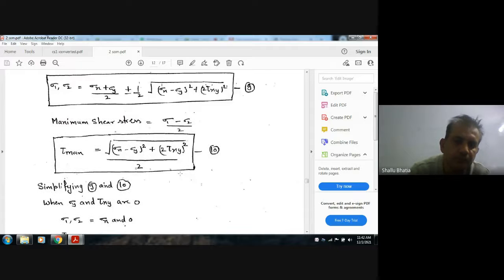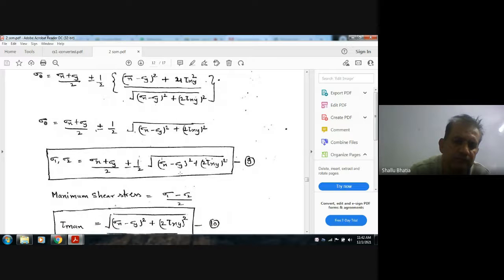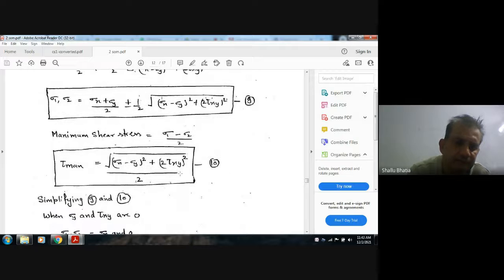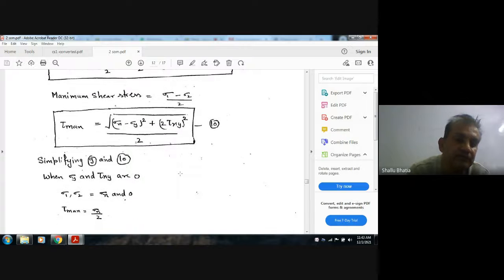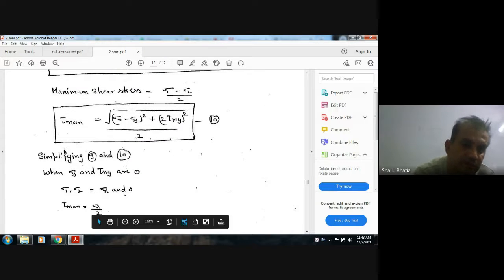So from these formulas 9 and 10, we can derive the formula for uniaxial stress also. If we put sigma y and tau xy as 0, it is the case of uniaxial stress, then sigma 1 will be sigma x and sigma 2 will be 0.